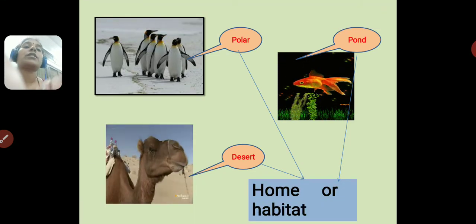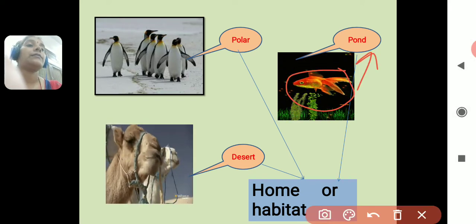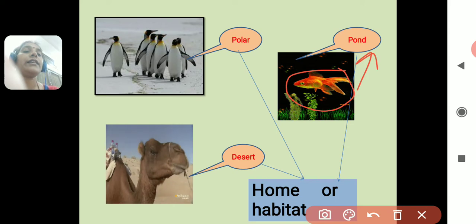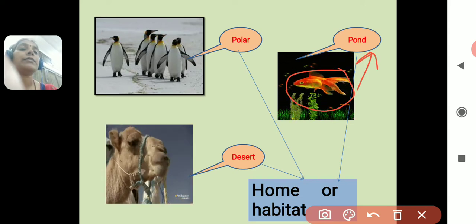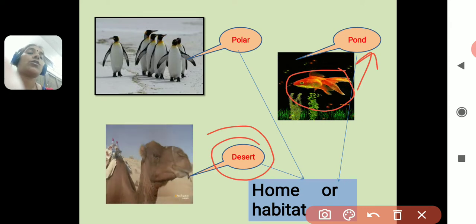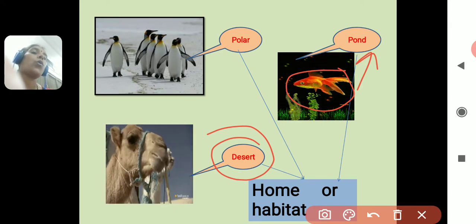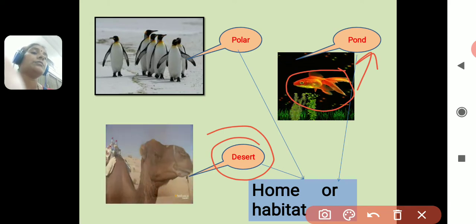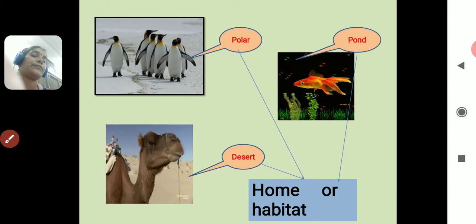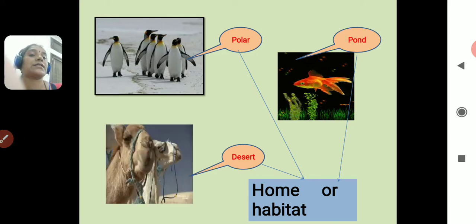The fish's home is a pond, and the camel's home is the desert. So the different surroundings are known as the home, or a new term, habitat. These are the homes of different animals.